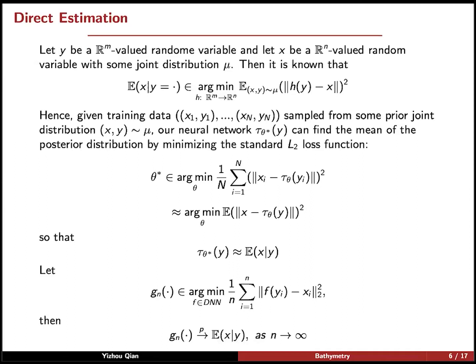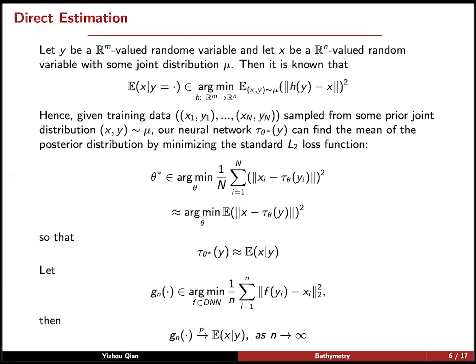This is a well-known mathematical statement: when we try to estimate our x solution from our observation y, and our estimator minimizes the mean squared error, it is equal to the mean, or the average, of our posterior distribution.